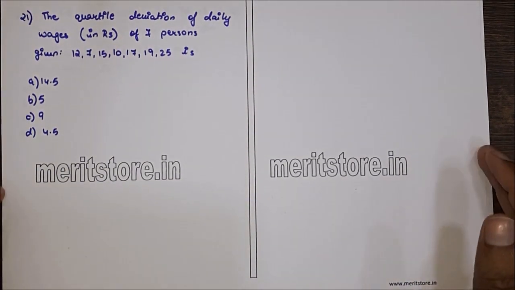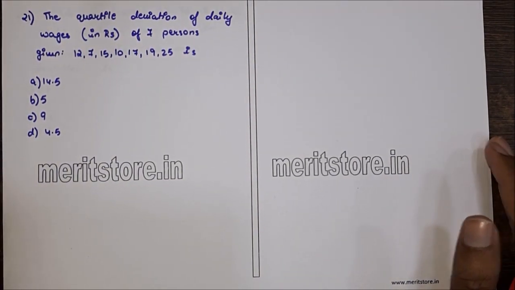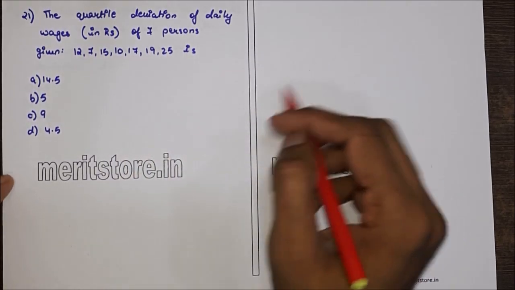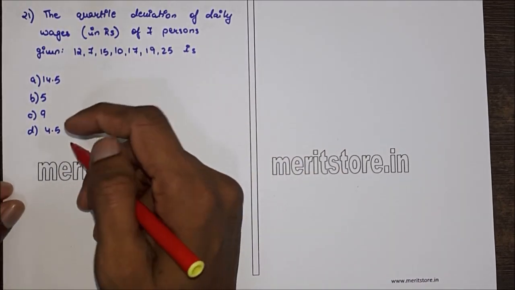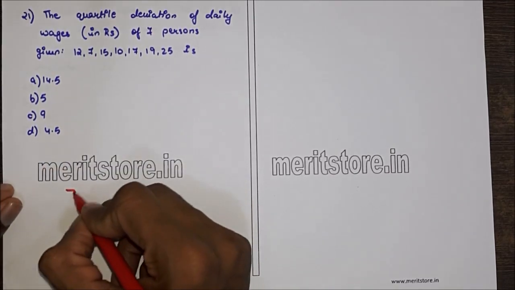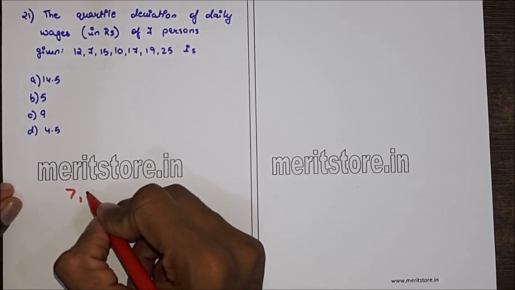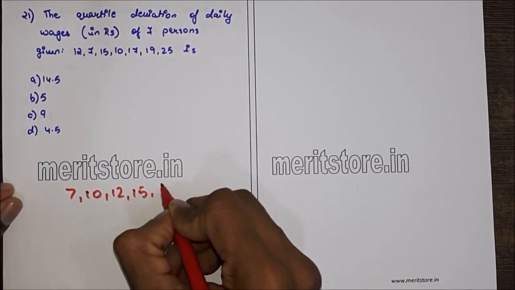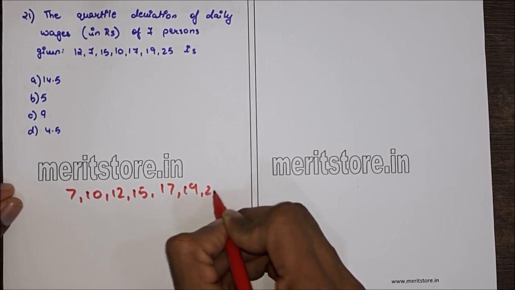Question 21. The quartile deviation of the daily wages in rupees of 7 workers is given. We have four options. The given data can be written in ascending order, that is 7, 10, 12, 15, 17, 19 and 25.